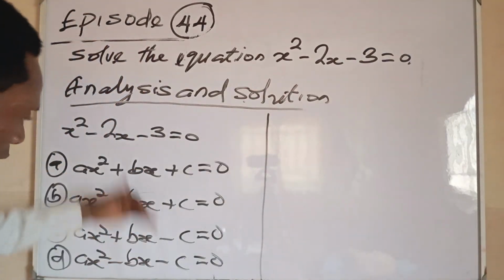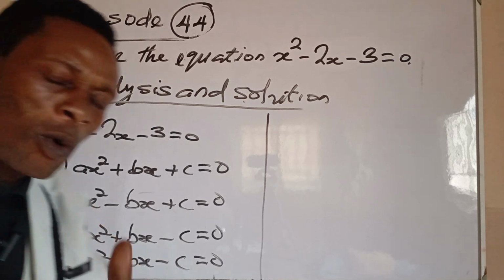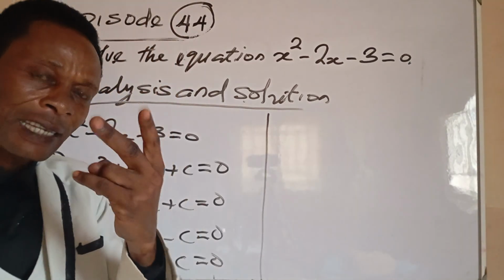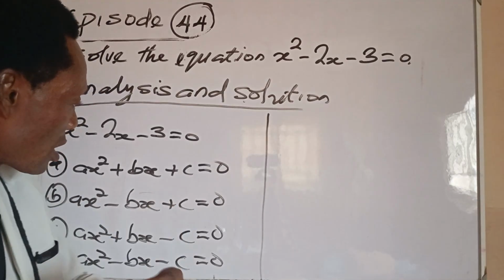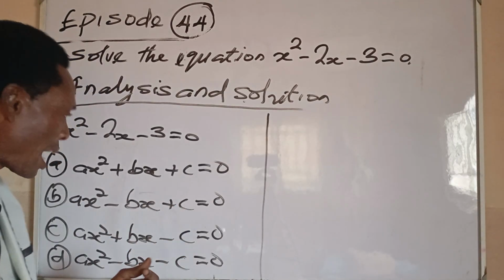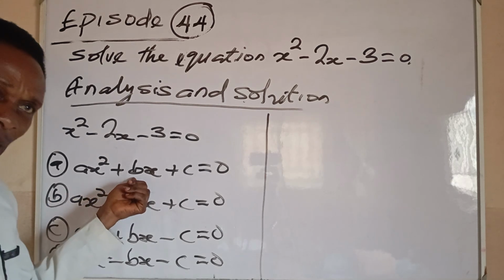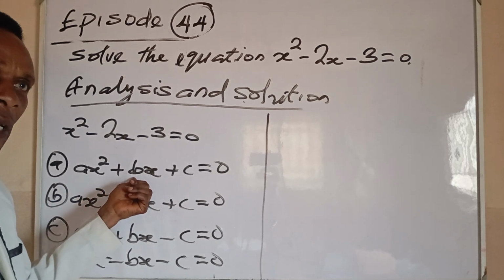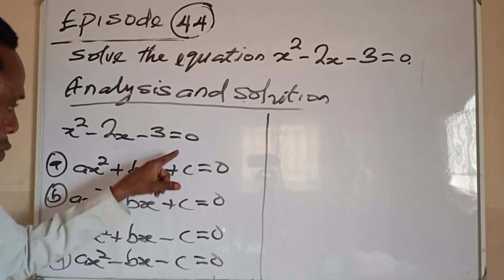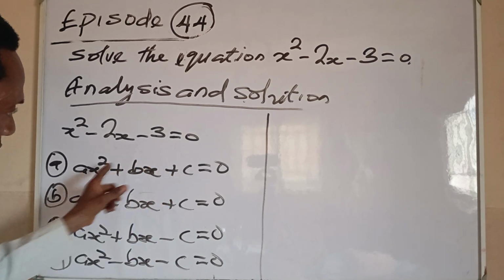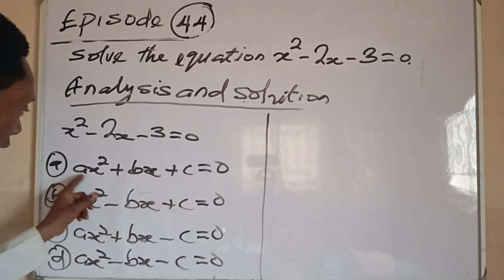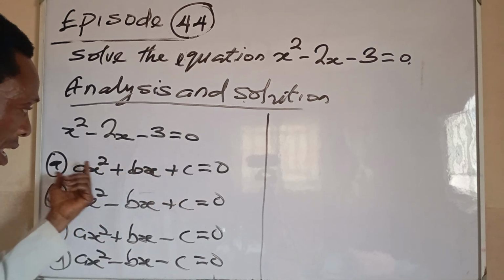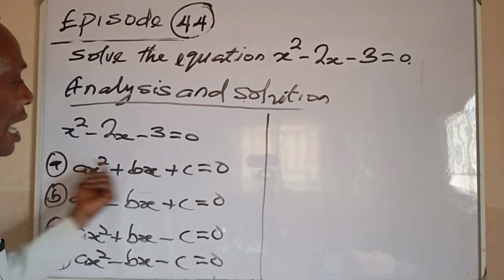So I want to explain based on this. In solving a quadratic problem, you are expected to look for two possible factors. Those two possible factors will enable you to get the value of b. For the first format, all the signs are positive.